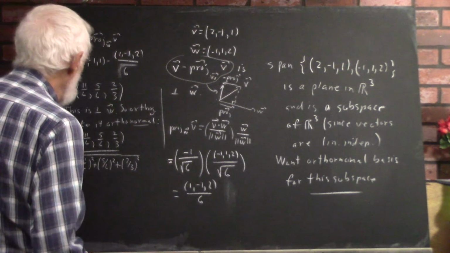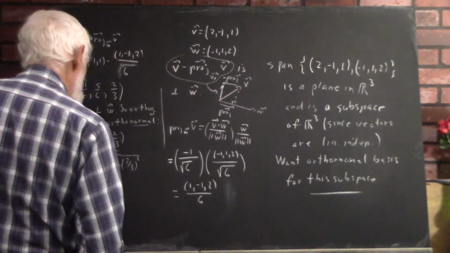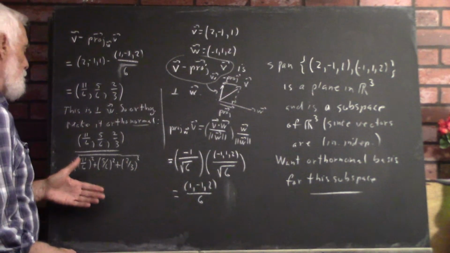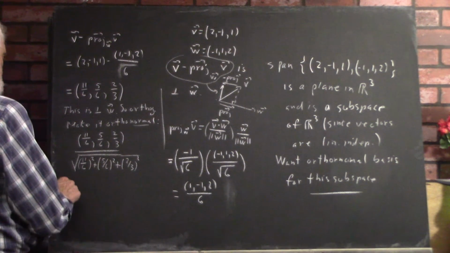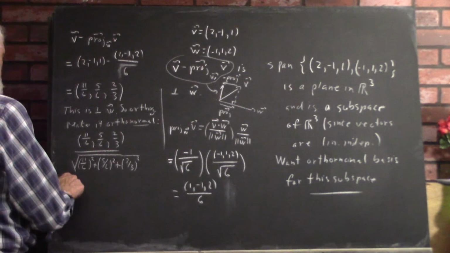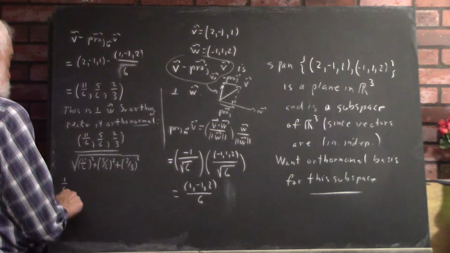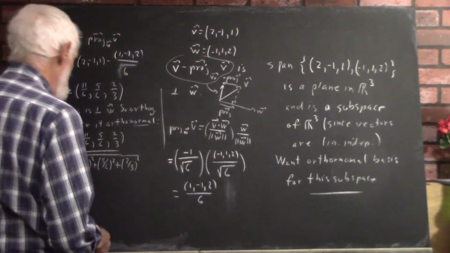Okay, if we factor out a 6 and a 36 from the denominator, you can do the arithmetic any way you wish.